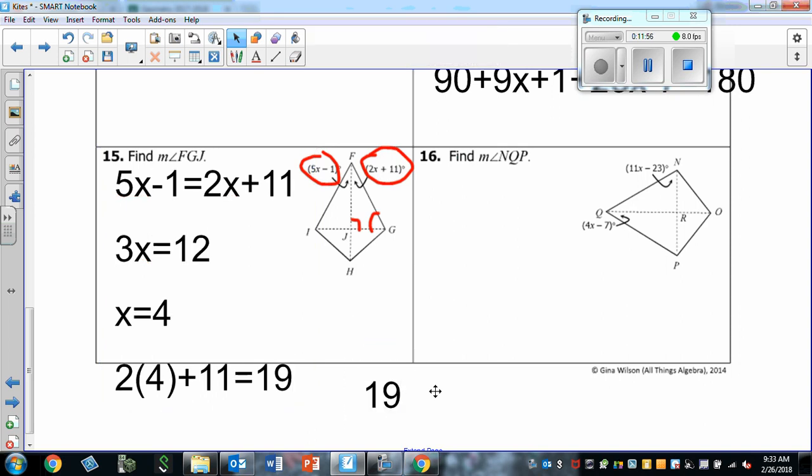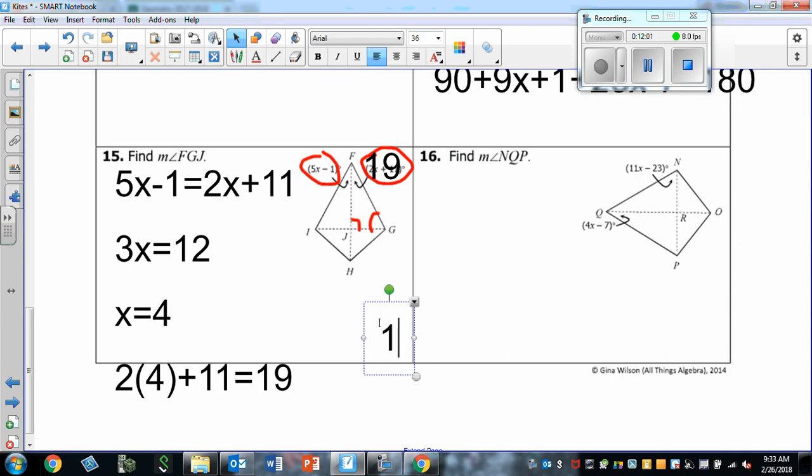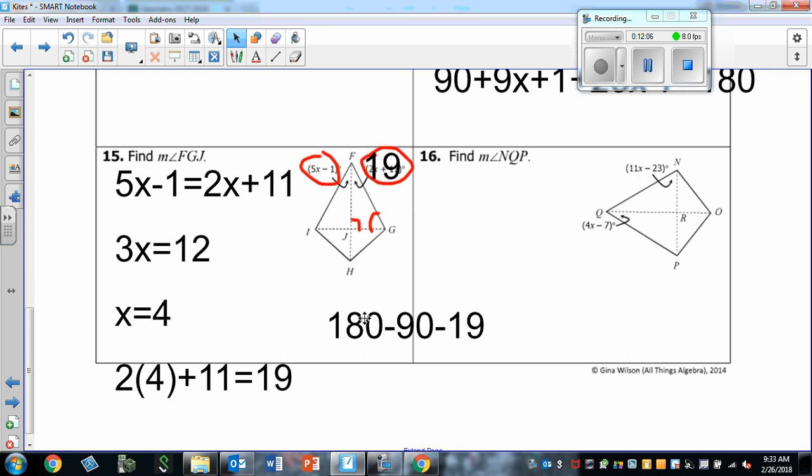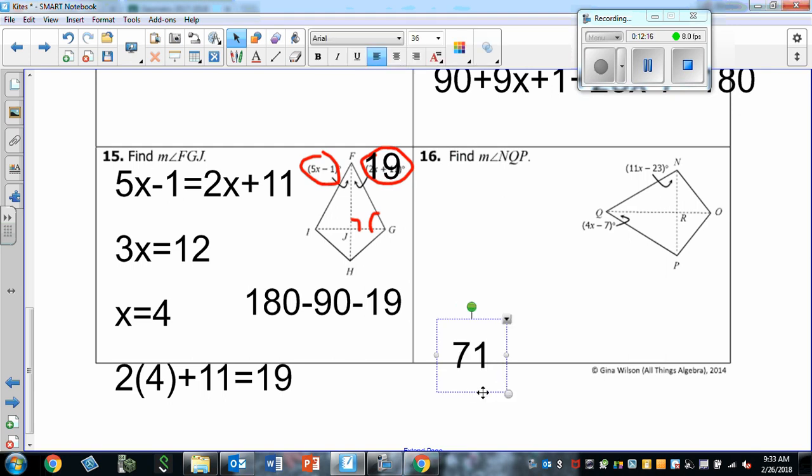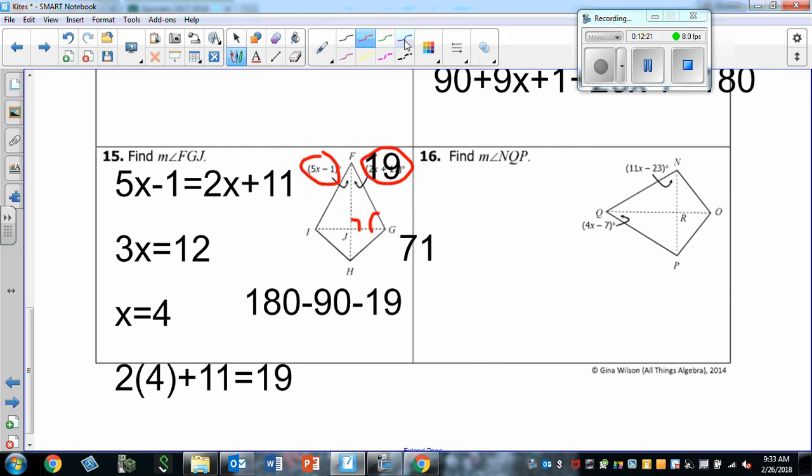So this angle up here is 19. Finally, I can do 180 minus 90 minus 19 to get the angle I'm looking for. And that is, whoops, 180 minus 19, 71. Okay, so this angle that I was looking for is 71 degrees, this angle here.